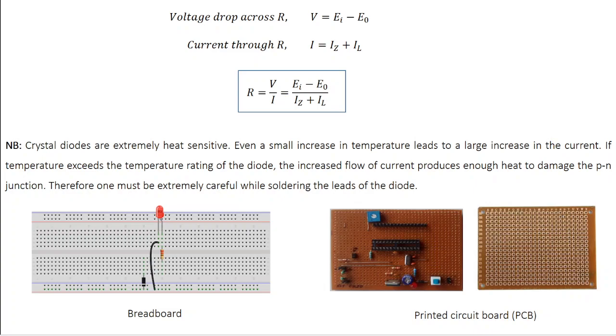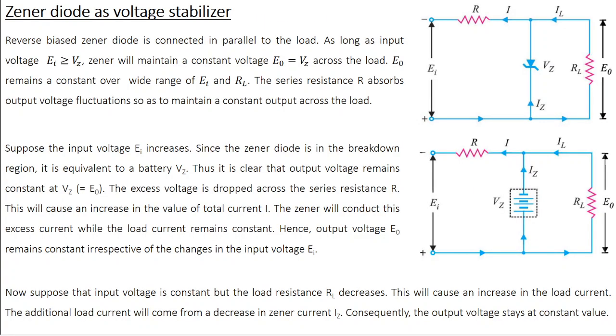Now what is the voltage drop across the resistor? We know that these two components, the diode and the load resistor, are in parallel, and this parallel combination is in series with the series resistance R. And the voltage drop across the diode is Vz, so the same voltage is going to drop across RL.